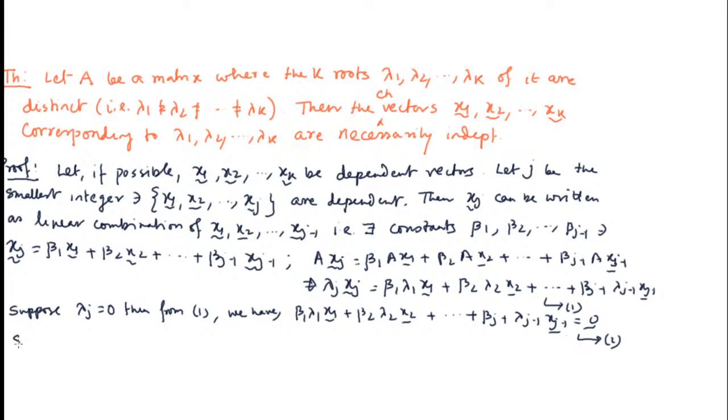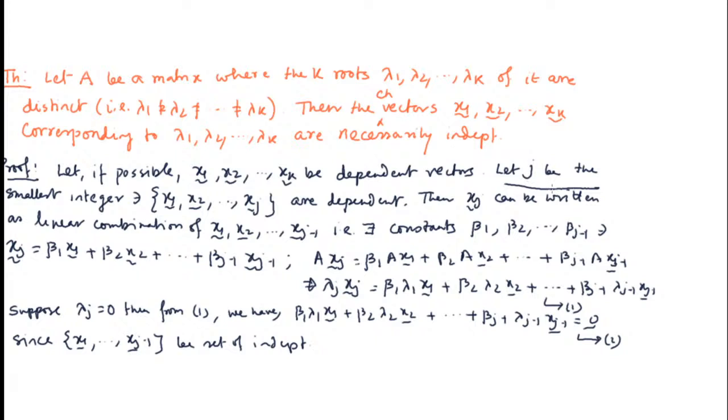Since x1, x2, xj minus 1 is a set of independent vectors, this is from these assumptions.